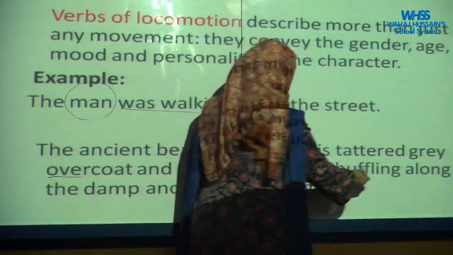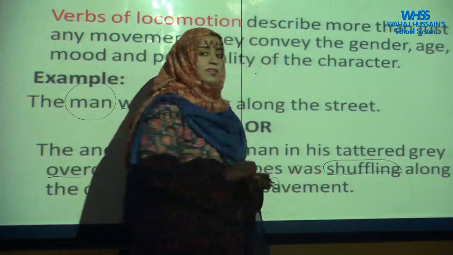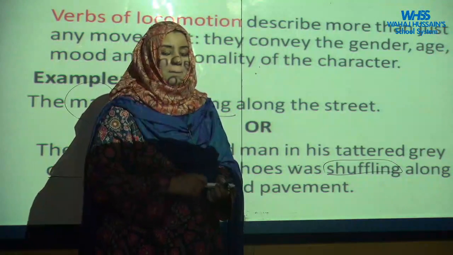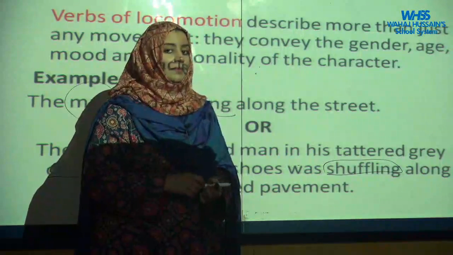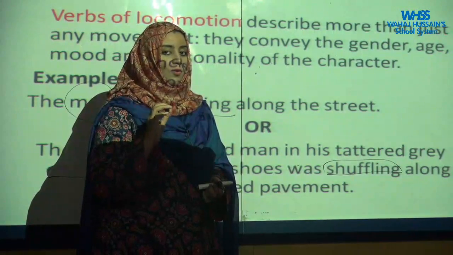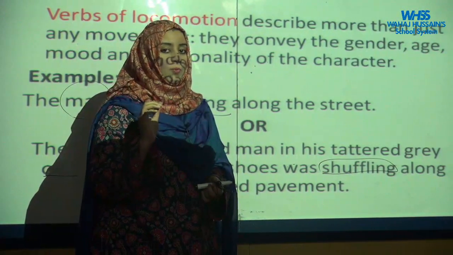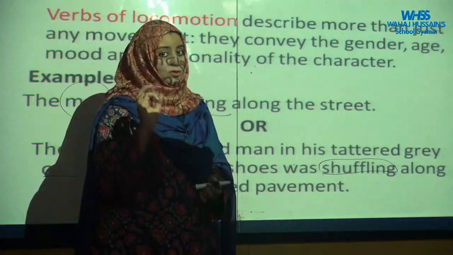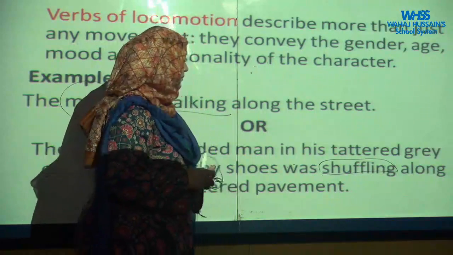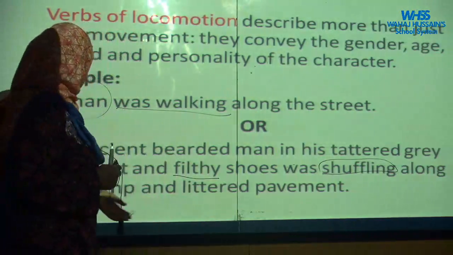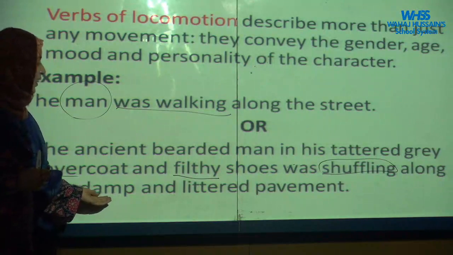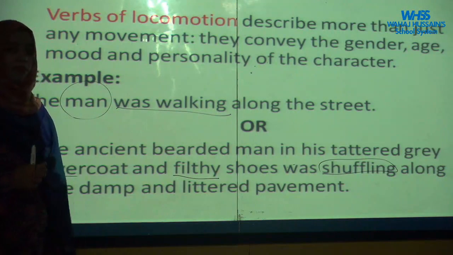Shuffling is a sound word. What do we call this sound word? Onomatopoeia. Learn to spell it and say it correctly. Was shuffling along the damp and littered pavement.